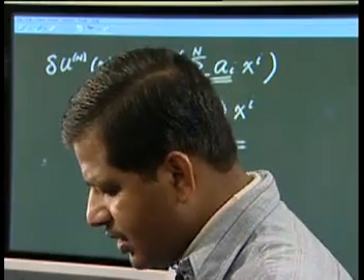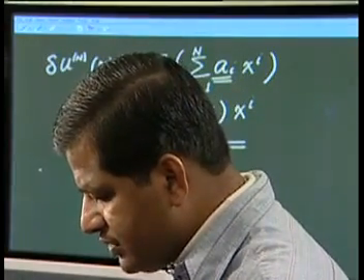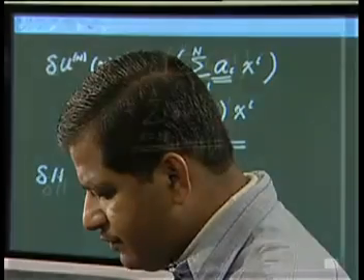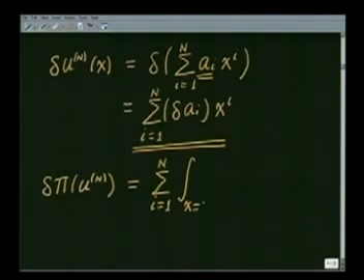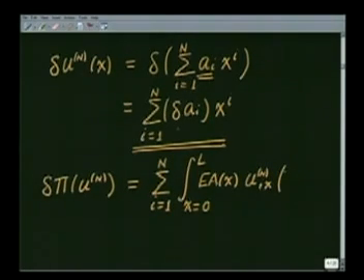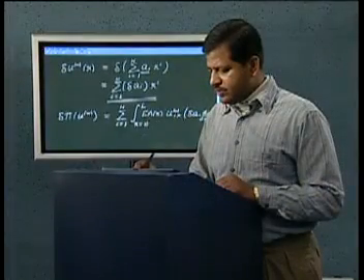variational formulation. When we put it back, we'll get delta pi of un is equal to summation of i is equal to 1 to n integral EA, which is a function of x, un comma x, and here we will end up getting variation of ai and d dx of x to the power of i.